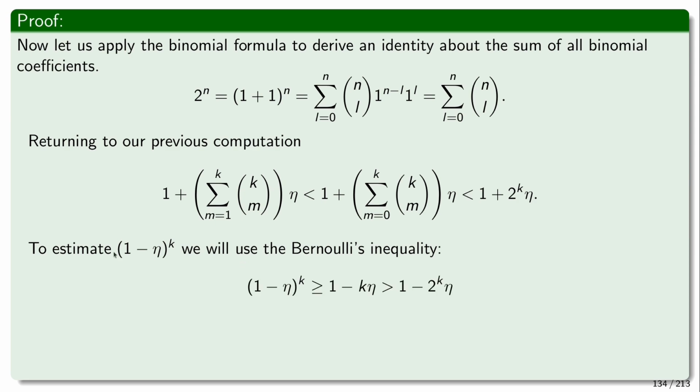But nevertheless, now that we have the extended version of the Bernoulli inequality, we have that 1 minus eta to the power of k is greater than 1 minus k times eta. And then here is another obvious fact that we use, that 2 to the power of k is greater than k. You can prove it by induction, but you can prove it in many other ways.